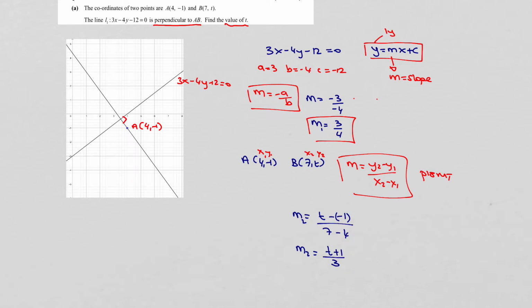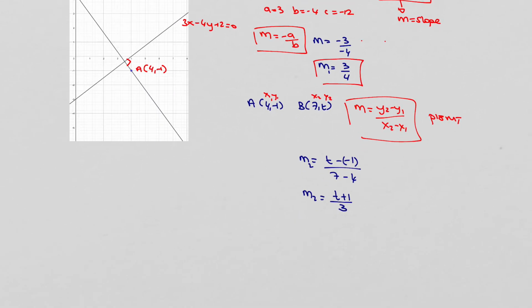So now we have our two slopes, and we know because they're perpendicular that their slopes multiplied give us minus 1. So if I take M1, we have 3 over 4, and M2 is t plus 1 over 3, and that has to multiply to give us minus 1.